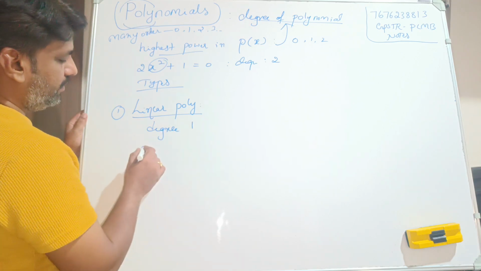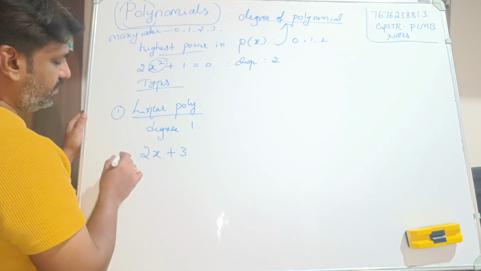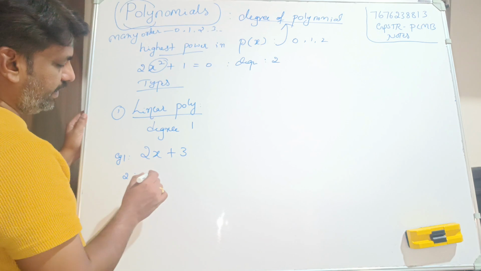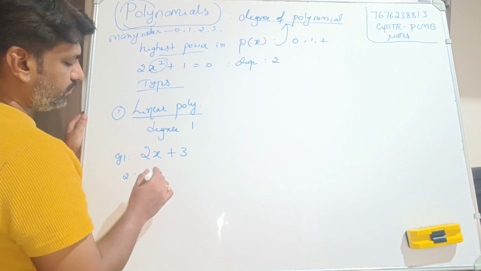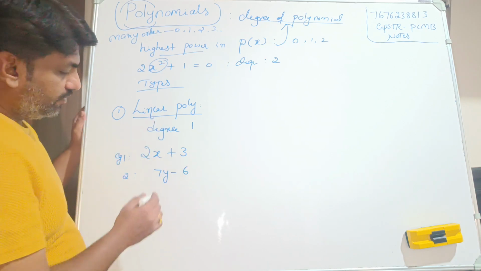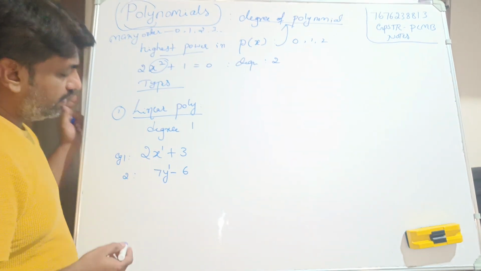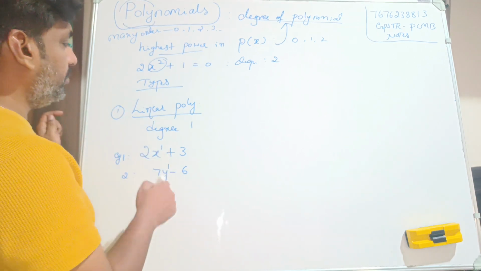For example, example number 1, 2x plus 3. Example number 2, something like 7y minus 6. What is the degree here? 1. What is the degree here? 1, right? Whether it is x or y, whatever it is, the degree should be 1.